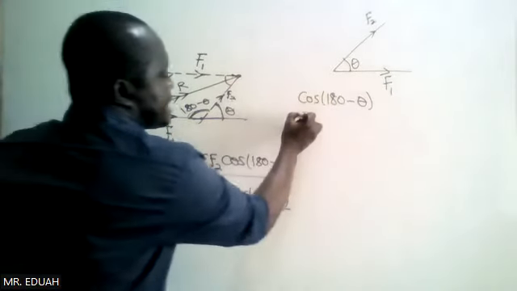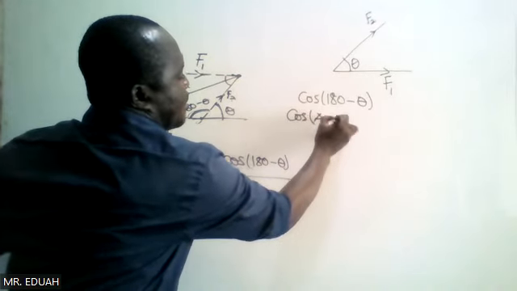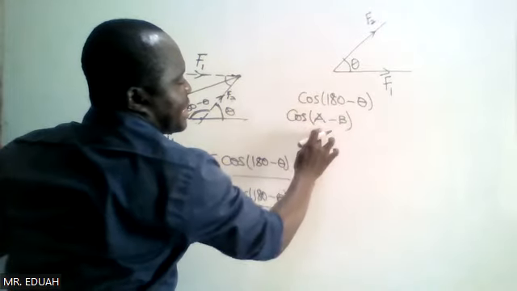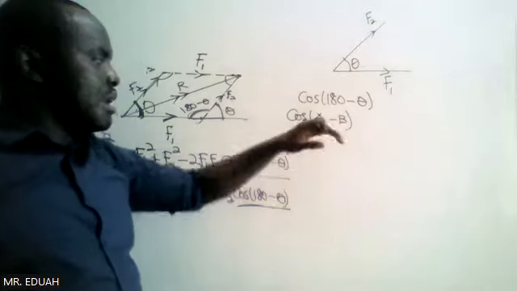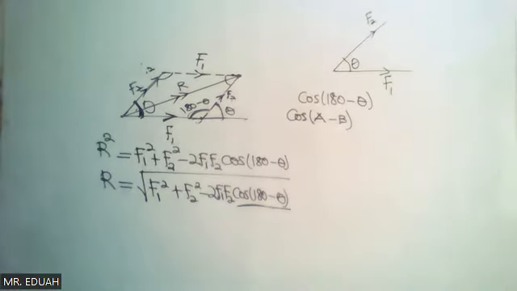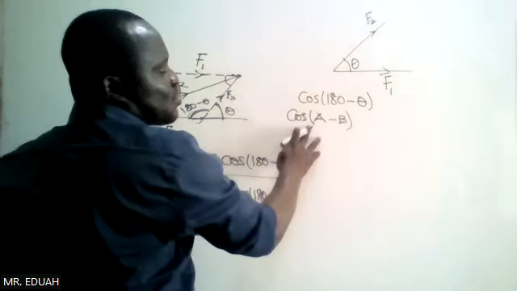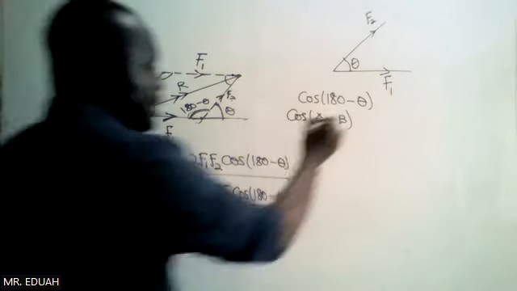So let's represent the angles by letters A minus B. So 180 is A, theta is B. I just want to give you the formula for expansion of this before we apply it to this. This is what we call expansion of compound angle.